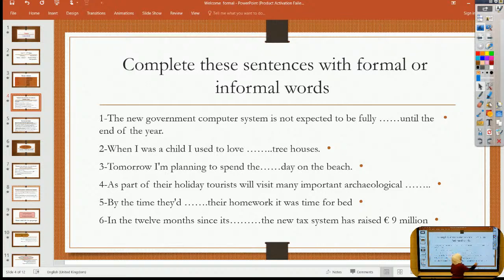Here, notice, we have the word government, so here, I must use formal words.